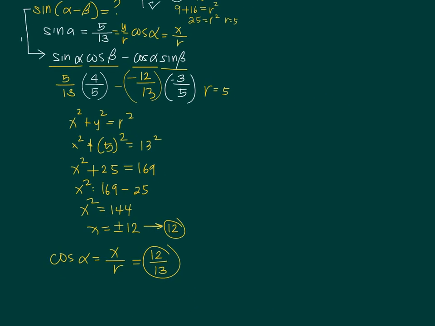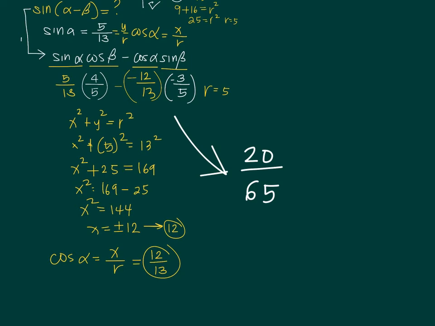So let's simplify this. 5 over 13 times 4 over 5 will be equal to 4 over 13. Or if you want to keep the denominator, 5 times 13 is 65. Right?